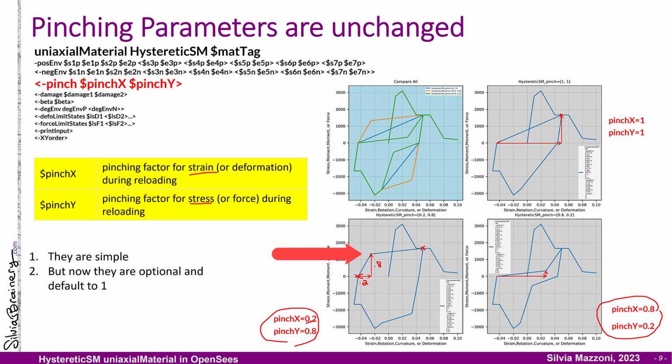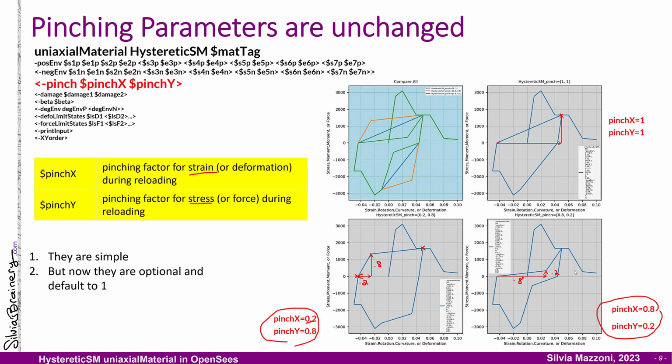Okay, and this is something that you want to play with and parameterize. And so that is why you have these full loops, because you go less in the X and more in the Y. If you switch it and you use 0.8 and 0.2, so now you're going 0.8 here of the total length and 0.2 of the total vertical length, and that's why you get this pinching point right here.